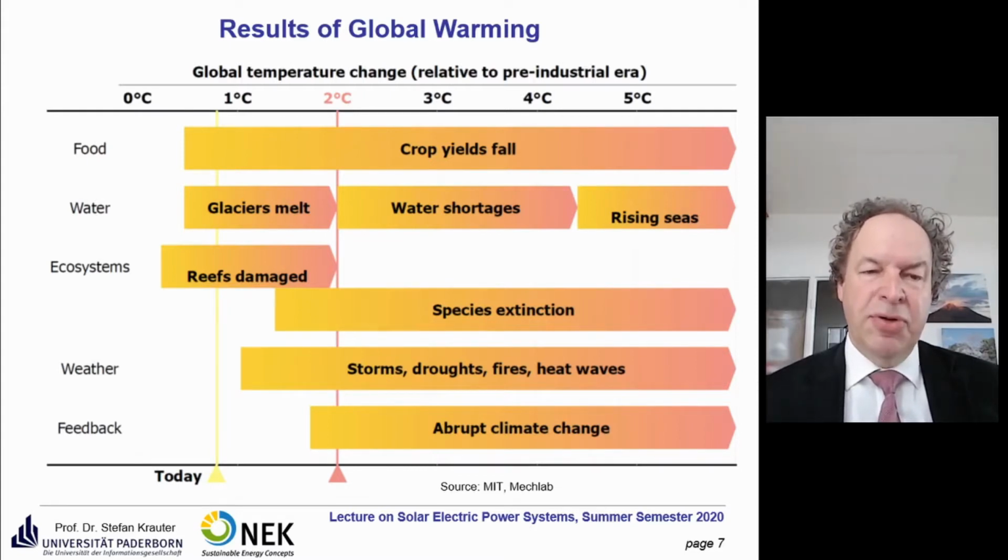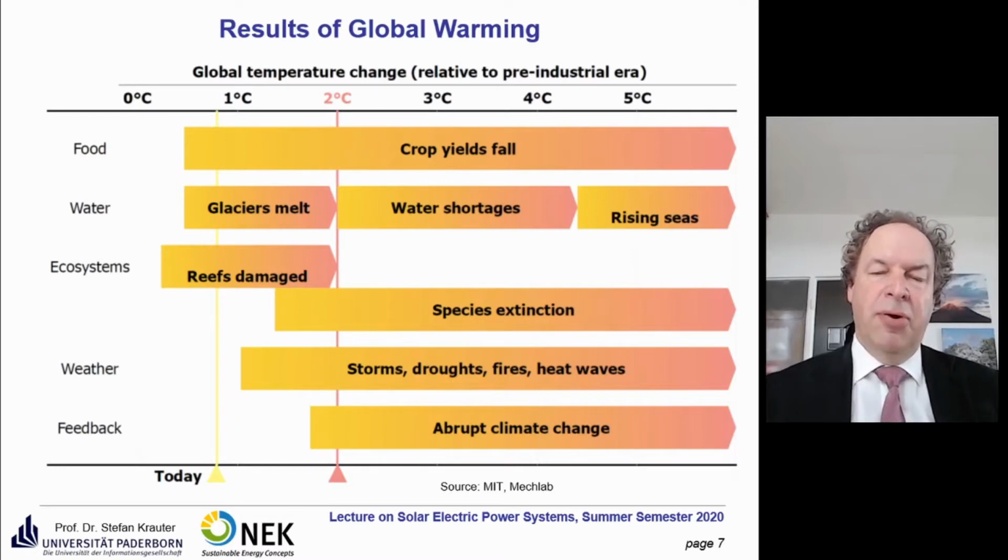Glaciers melt, we also perceive, even here in Europe a lot. We also see already water shortages, at least temporary in Europe, but permanently in other regions of the world. And if we go beyond 4 degrees, we also will have rising seas, which will pose severe problems.